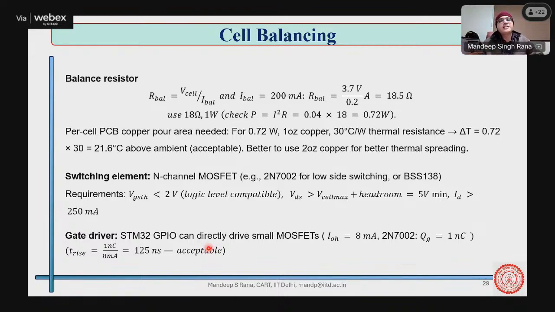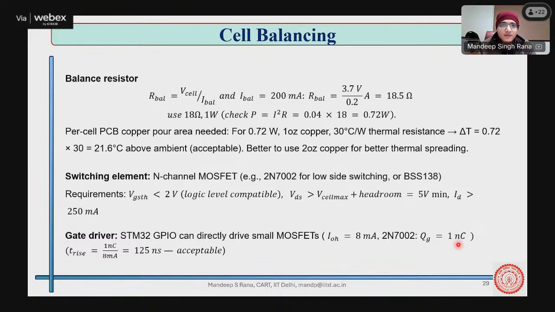In BMS, the practice during cell balancing is that we do not like to have a MOSFET which requires a dedicated driver IC. And then around that particular thing, we can study how it does the job. For example, if we take this particular MOSFET as an example, it requires a particular charge to turn on, which comes from the data sheet.